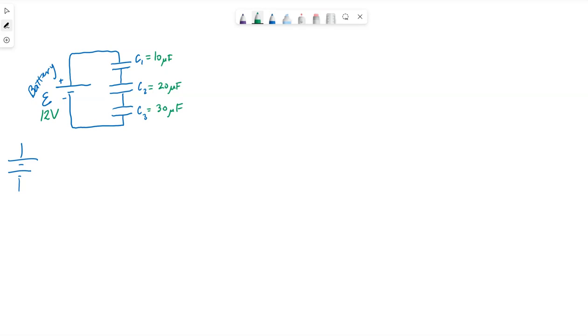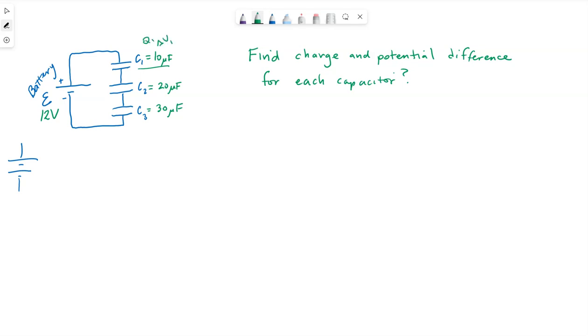What I would like to do is find the charge and potential difference for each capacitor individually. So, for example, for C1, I want to find a Q1 and a delta V1. And then capacitor 2, a Q2 and a delta V2.